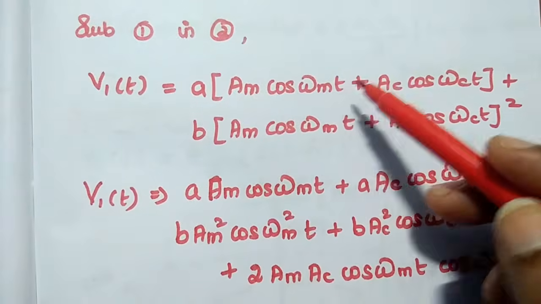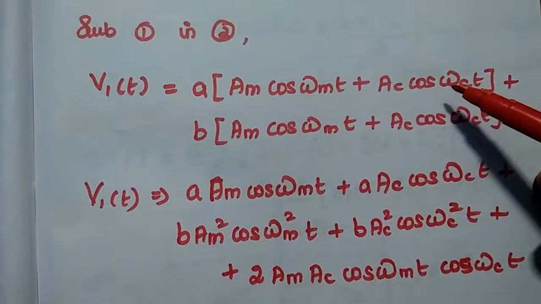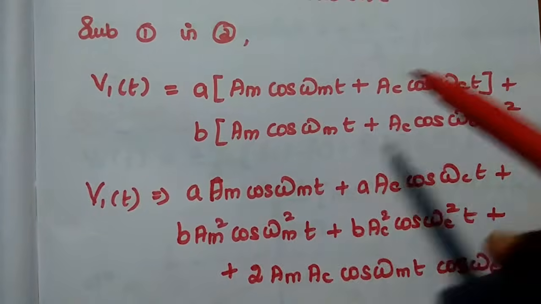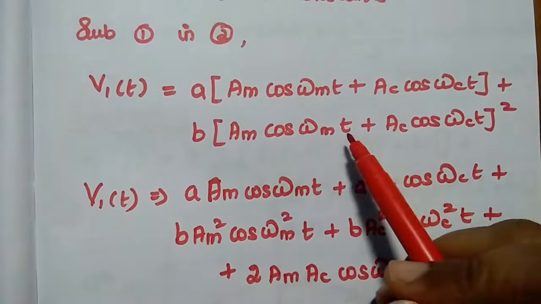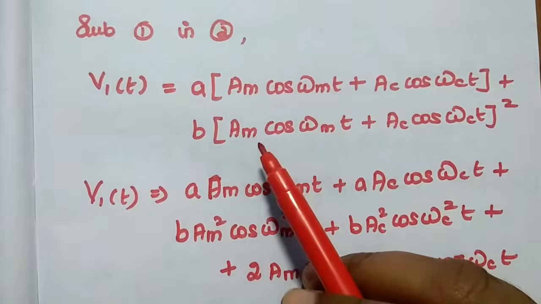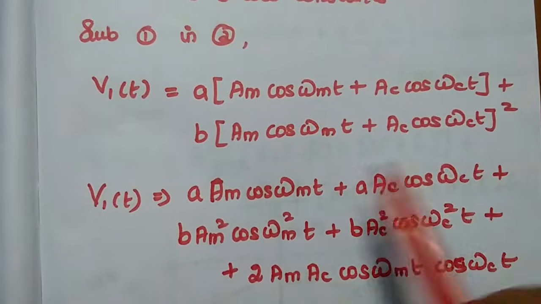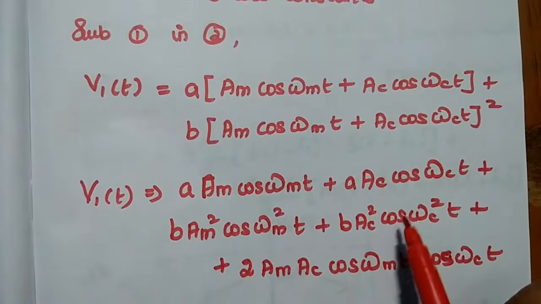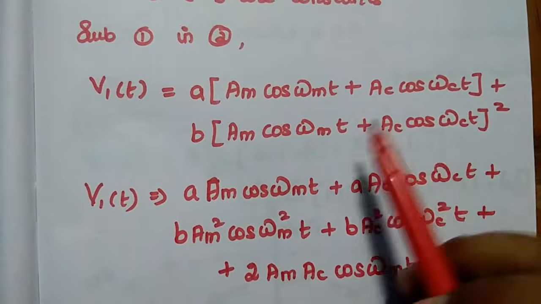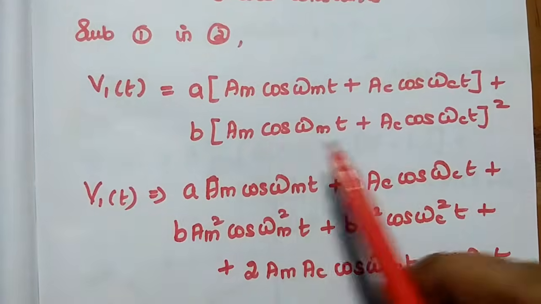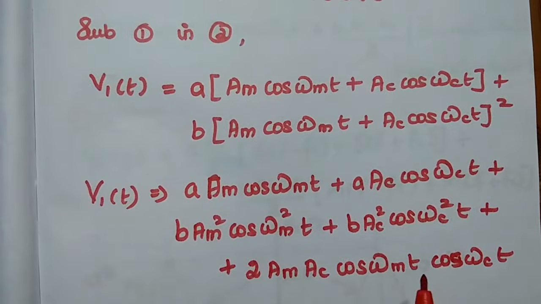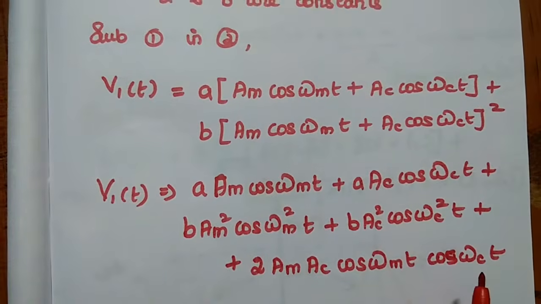So this becomes A into Am cos omega m t plus A into Ac cos omega c t, plus here we use the formula a plus b the whole squared. So a squared means Am squared cos squared omega m t into B, b squared means Ac squared cos squared omega c t, plus 2ab, which means 2 Am Ac cos omega m t into cos omega c t.